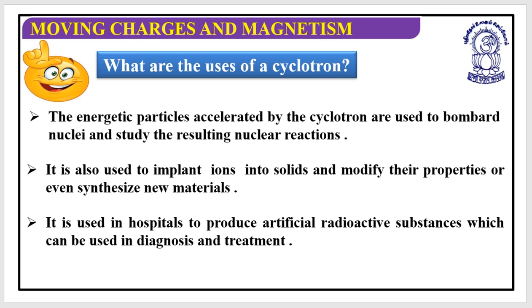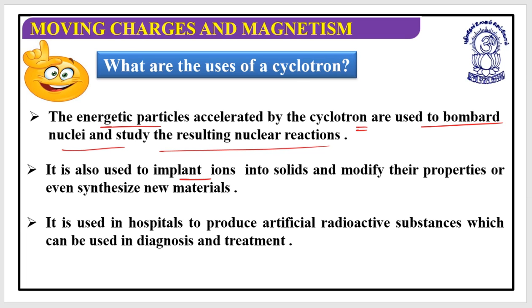Uses of cyclotron. It is used to energize particles. The particles accelerated by a cyclotron are used to bombard nuclei and study the resulting nuclear reactions. In modern physics, you are going to study nuclear fission and nuclear fusion, where to bombard radioactive materials or certain materials, we use the cyclotron.